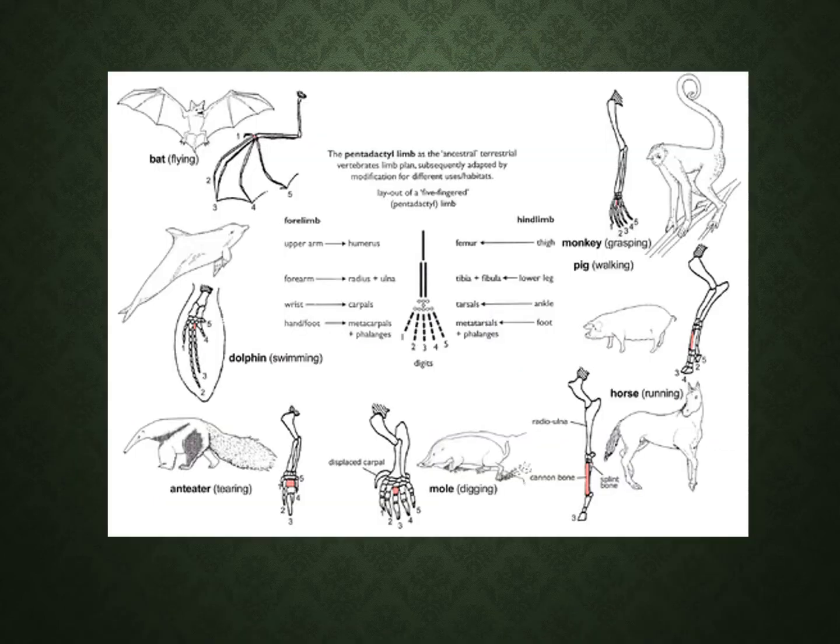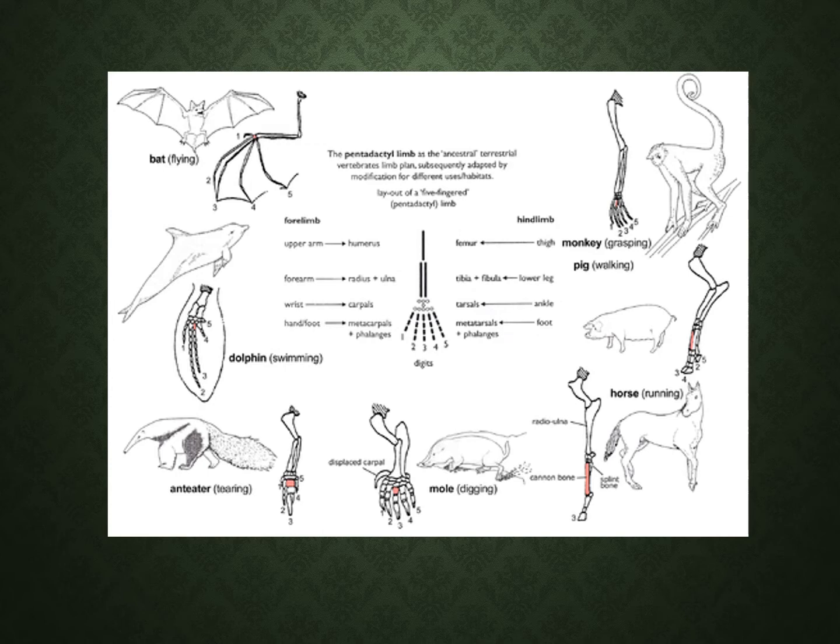So here's another look at some of the same homologous structures. So we have bat wing here, dolphin fin. Something to notice on this page is that these homologous structures are used for different things.